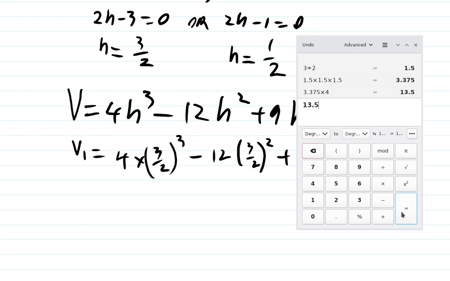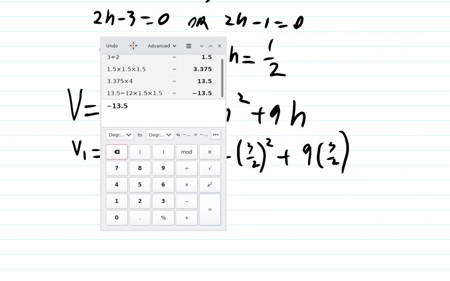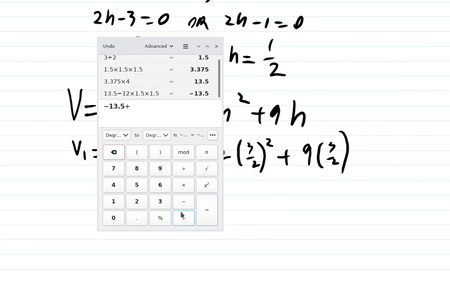That minus 12 times 1.5 times 1.5, that is minus 12 times 1.5 squared, same as 3 over 2 squared, plus 9 times 1.5. Alright, so we get 0.